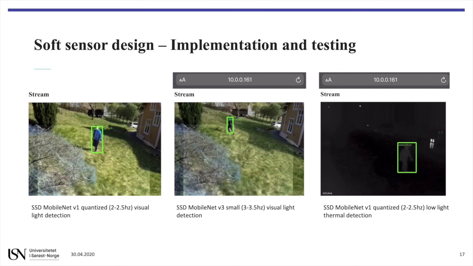There is not that large a difference between the detection precision between the models in our test environment. We have also been able to detect persons in low light conditions using the thermal camera, but this is only at small distances, maybe up to about 10 meters distance to the object.